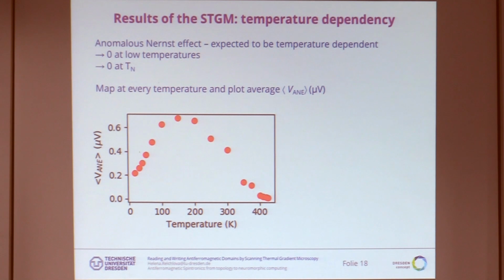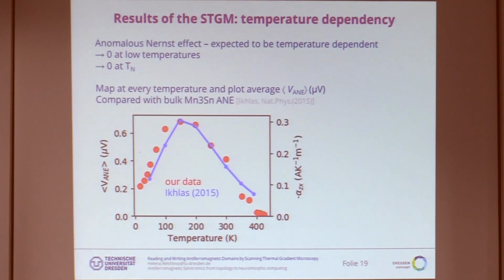So I mentioned that there are some differences from the bulk material, that the anisotropy is obviously different. On the other hand, we were very nicely surprised that when we look at the anomalous Nernst response as a function of temperature, we see the characteristics that we would expect: it's obviously 0 above the Néel temperature, and it's obviously decreasing when going to low temperature.